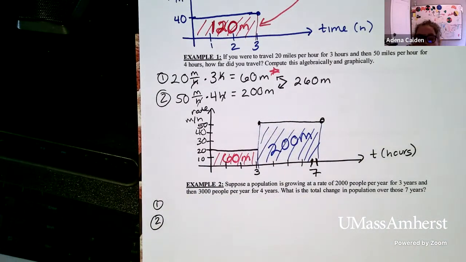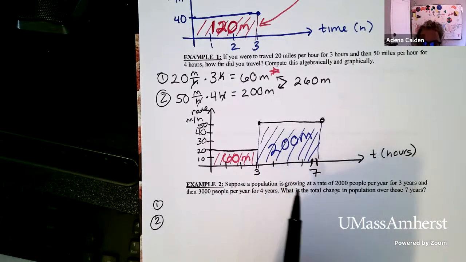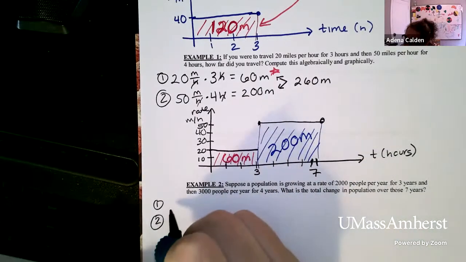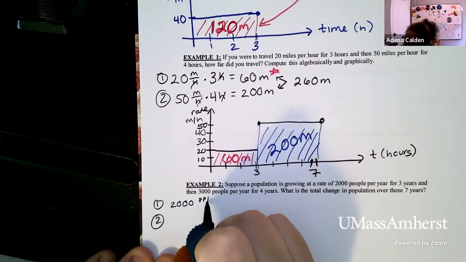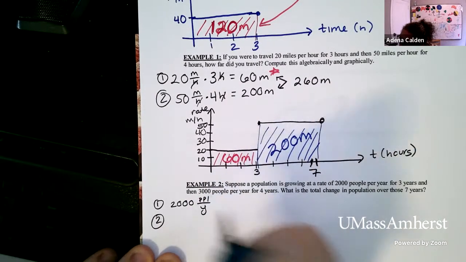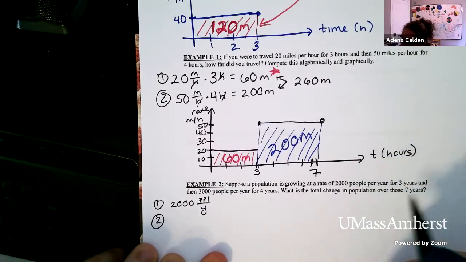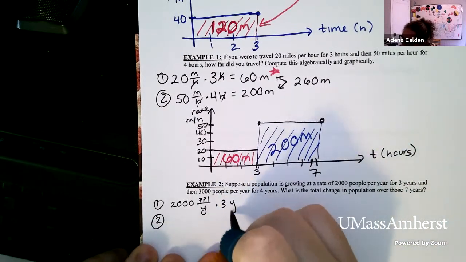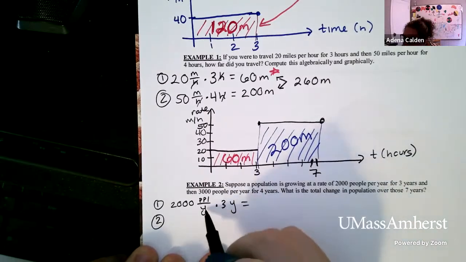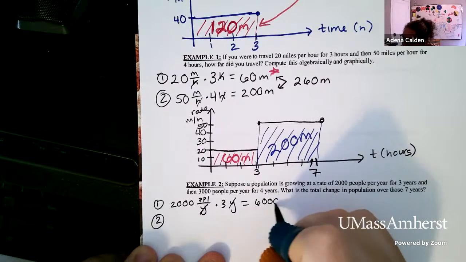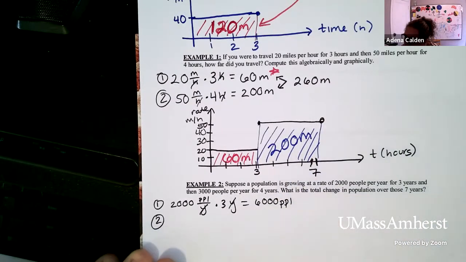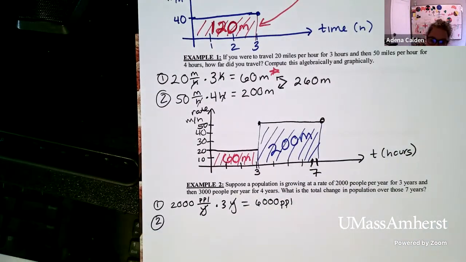Okay. So the first change happens when we're going at a rate of 2,000 people per year. And we do that for 3 years. So we multiply the rate times the time. We see that years cancels, and we end up with a change of 6,000 people. Okay, that's the first rate of growth.